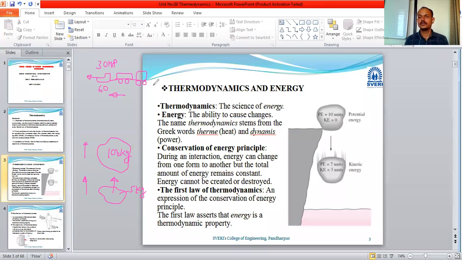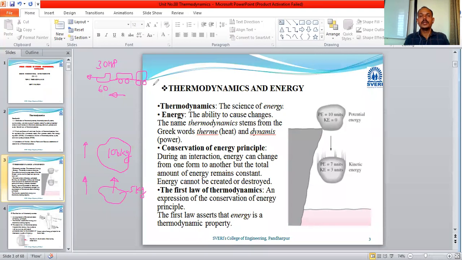After that, we came to the conclusion that energy cannot vanish. For example, if I generate some energy, it means again we require another type of energy to generate the energy. Get it or no? Yes, sir.